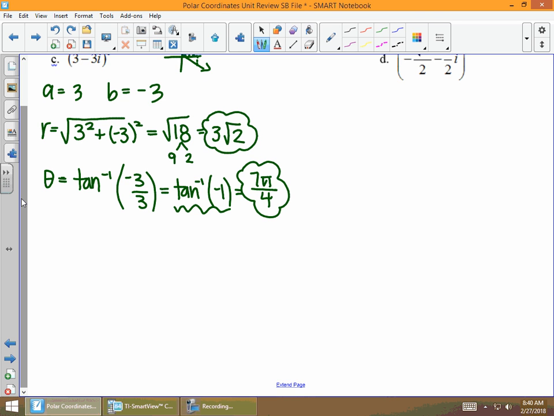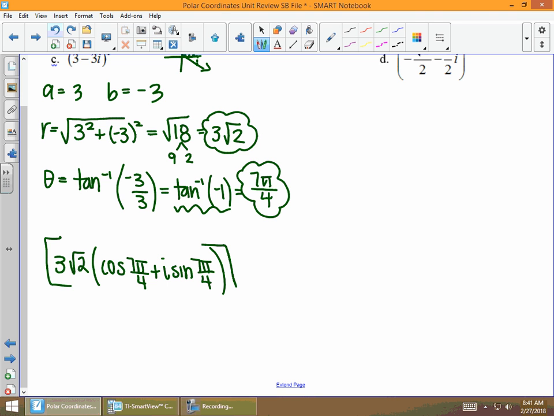Okay, so in polar form, this complex number is 3 radical 2 cosine of 7 pi over 4 plus i sine of 7 pi over 4. Since 7 pi over 4 and negative pi over 4 are coterminal angles, you could absolutely use negative pi over 4 in place of it.